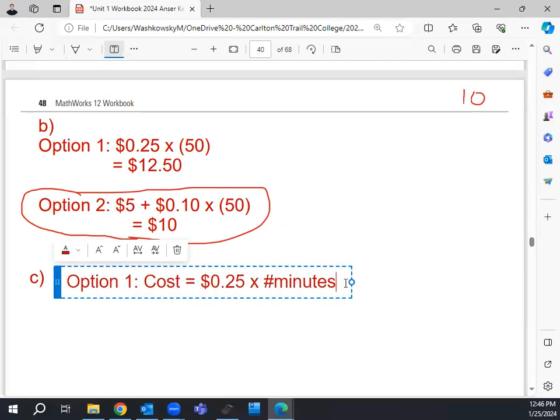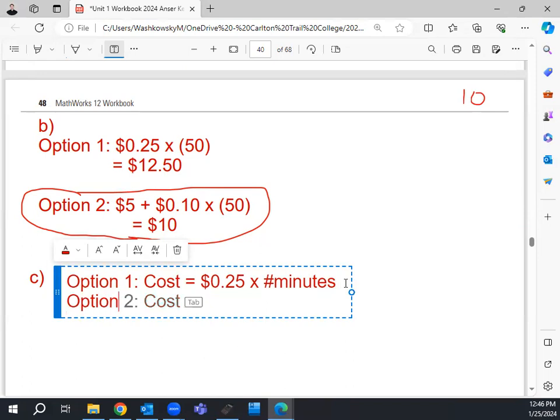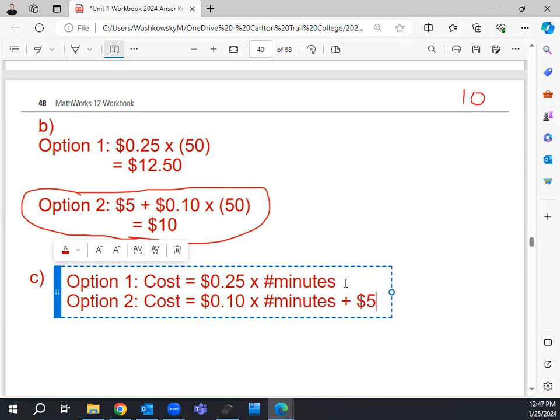And then for option 2, it's the same thing. The cost is equal to 10 cents times the number of minutes plus that $5.